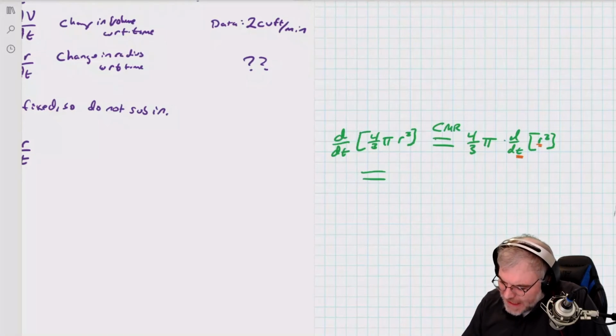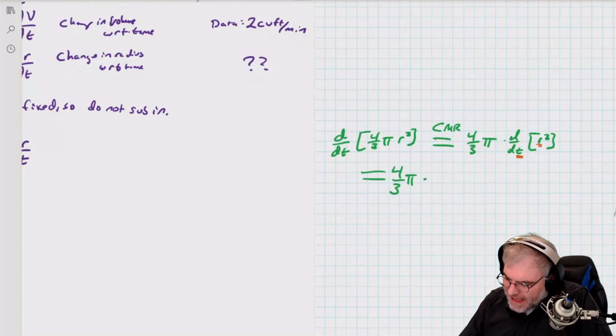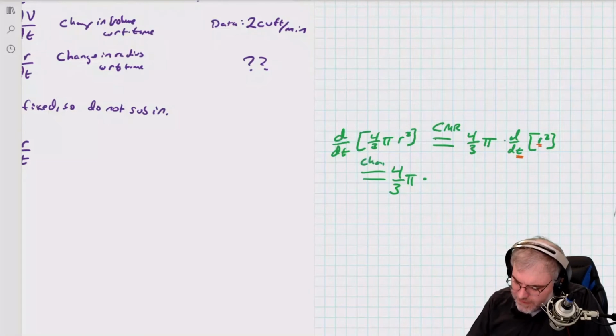Okay, so this is baggage now. So I'm going to carry my baggage. Now this is a T and that's an R. So I need to do the chain rule. And what I'm going to get is d over dr of r cubed times d over dt of r.